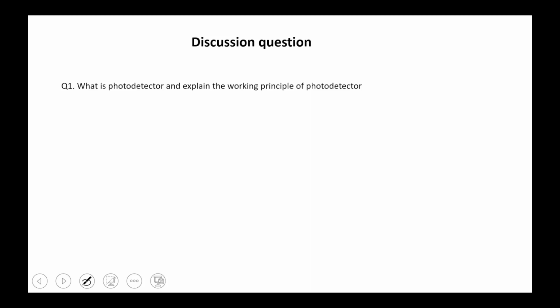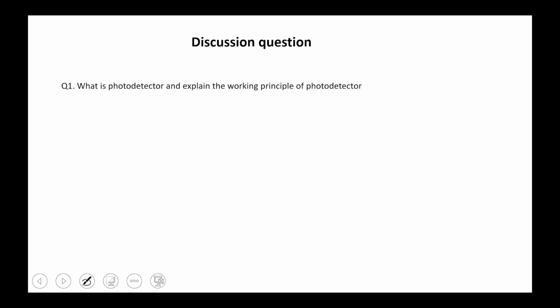Anyone want to add something? So, what is the performance parameter of a photodetector? First of all, the performance parameter is responsivity. What is the responsivity?